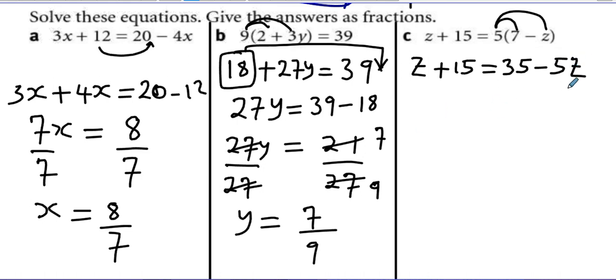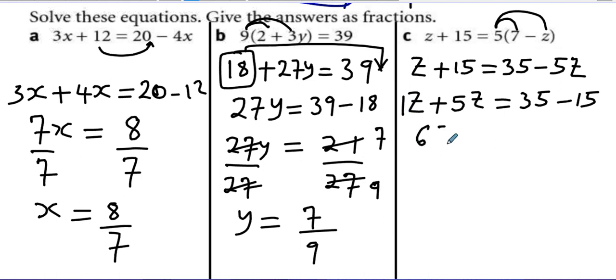Collect like terms. Those numbers with z should be pushed to the left hand side. So this will be z plus 5z equals 35 minus 15. So the numbers without a letter, let us push them to the right hand side, and the numbers with the letter, push them on the left hand side. So this is 1z plus 5z, this will be 6z equals 35 minus 15, that will be 20.